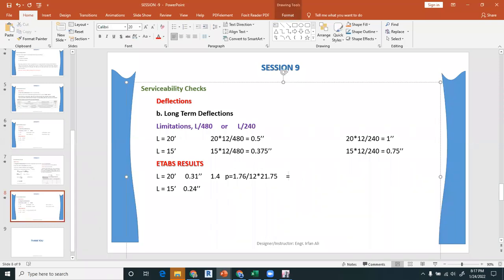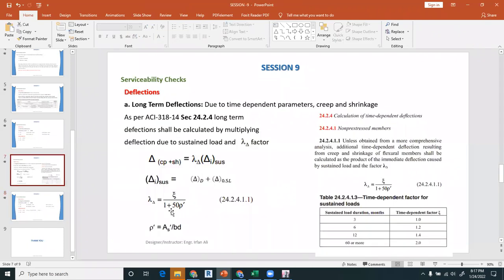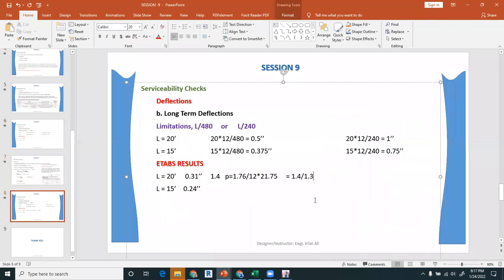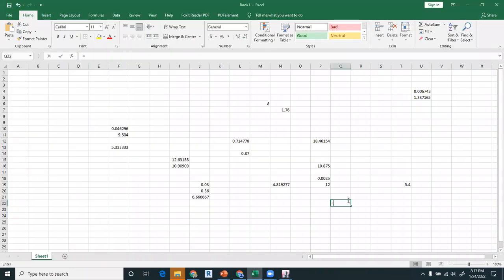So we do 1.4 divided by 1.33, which we get from the denominator 1 plus 50 rho. So 1.4 divided by 1.33 is 1.07.